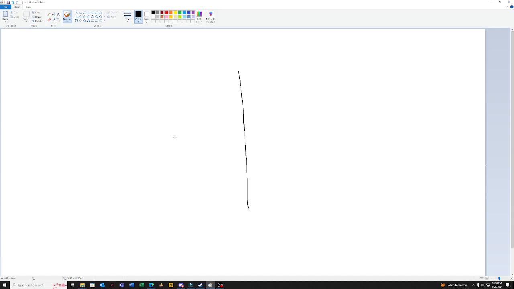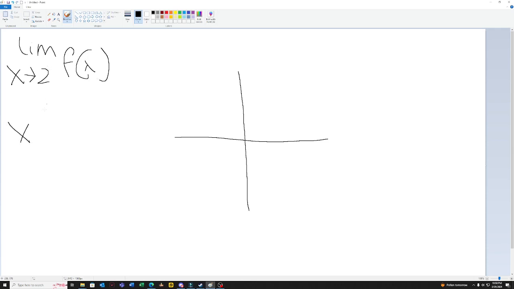This time we're asking for the limit as x approaches 2 of f of x, the same function we were talking about from before. My bad, don't disregard that.